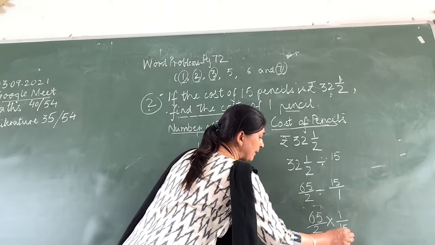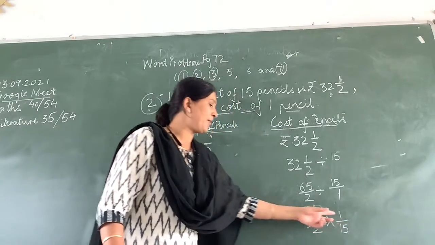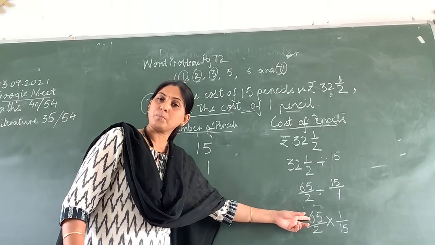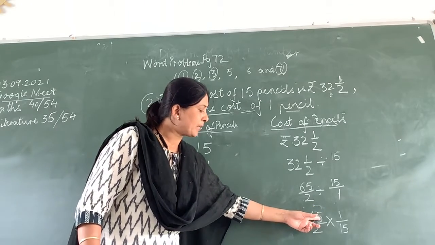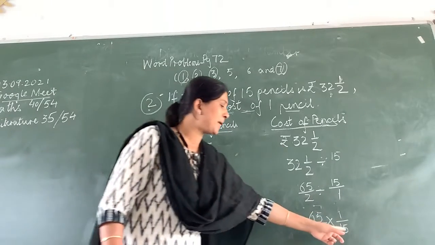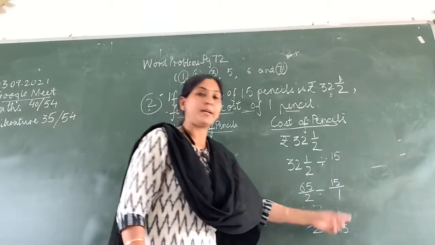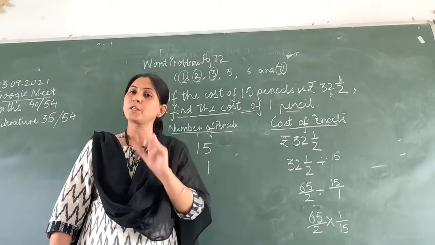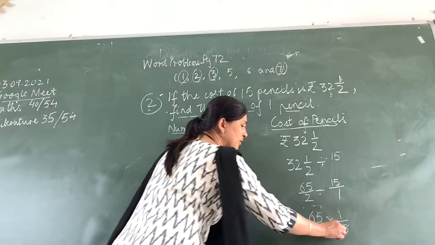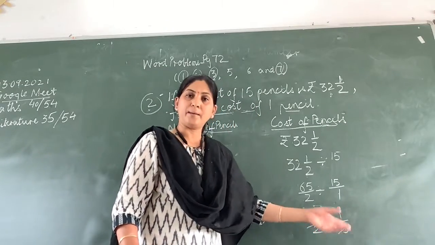Now by looking at these two fractions, I know that 15 and 65 can be reduced by which number? See, the digit in one's place of both the numbers is 5. So 65 and 15 both have a common factor which is 5. So let us reduce them by 5. Now let us divide 15 by 5. 5 times 3 is 15.